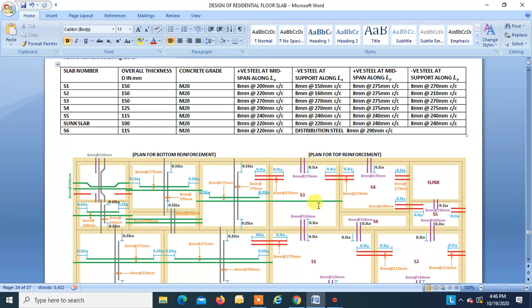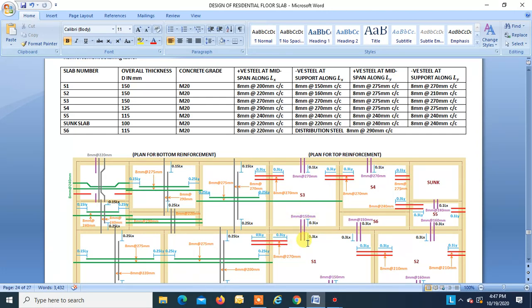Then we will provide the least spacing. Though 8 at 270 center to center is required here, we will provide 8 at 150 center to center, right?